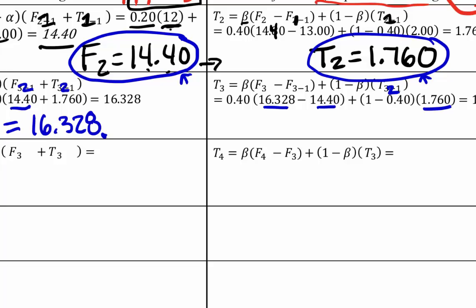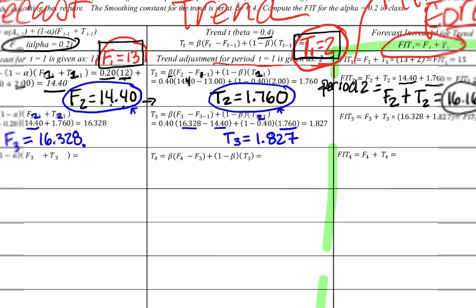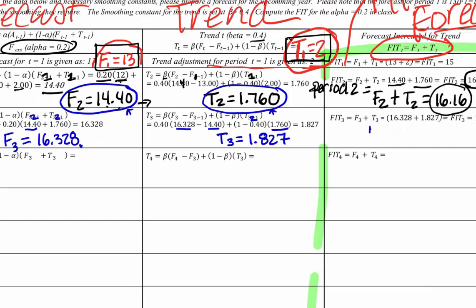So now we've got T of 3 is going to equal 1.827. Now, just like we did before, we have to add together F of 3 plus T of 3, which is going to equal 18.155. We bring that over here.